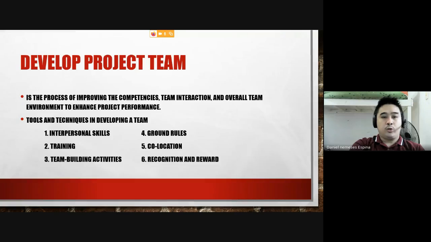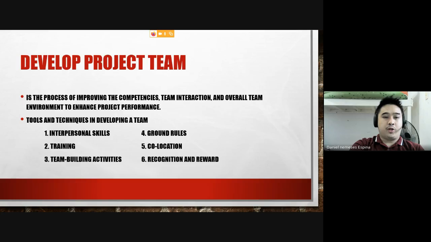So what are the tools and techniques in developing a team? Okay, so of course, primary skill is that you should be good in the interpersonal skills. So training must be conducted.